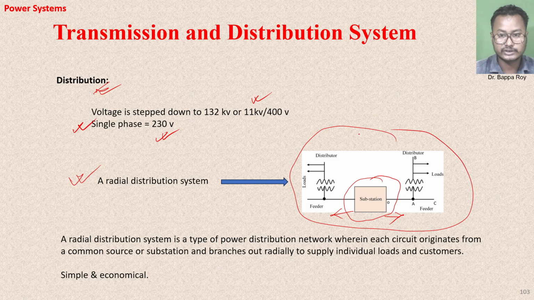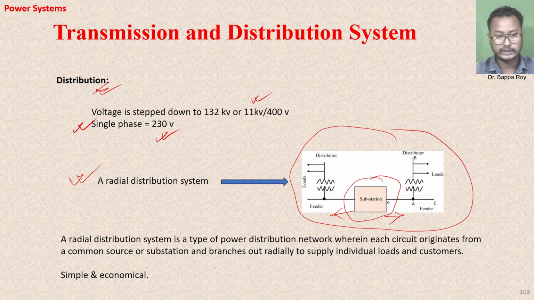We'll see other connections, then you'll see why we are talking about this radial distribution system. Radial is only from the nearby substation. From the substation, all the distribution lines are going out. There is no interconnection, and no other substation connected to this particular substation.